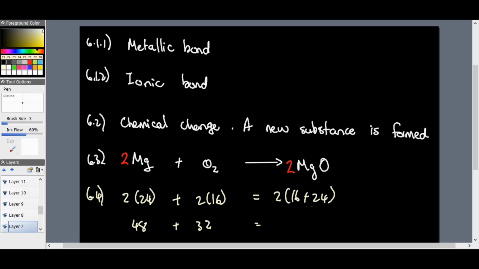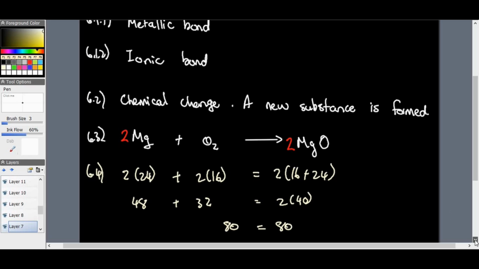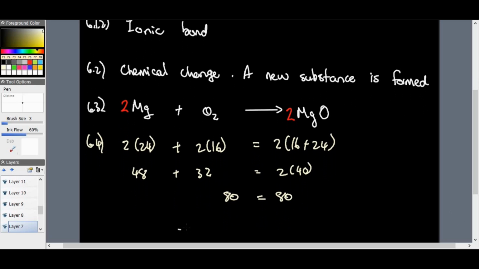And here we've got 16 plus 24, which gives me 40. We've got 2 times 40. So 48 plus 32 is 80, and 2 times 40 is also 80. Therefore, mass is conserved.